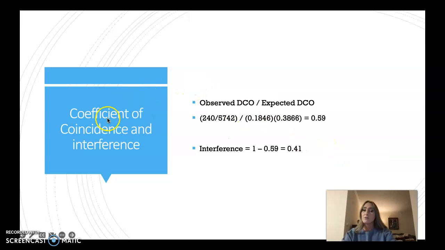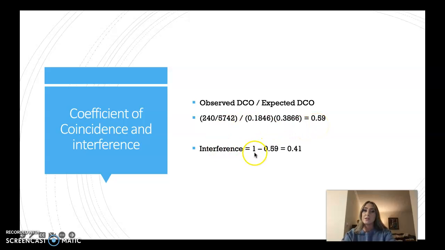For the coefficient of coincidence and the interference, we take our observed double crossovers over our expected double crossovers. So to get our observed double crossovers, we take the double crossover frequency that we had, so that 100 frequency plus 140, we divide that by the total offspring, and then we divide the number that we get from that by our map units that we got in our previous equations, and that gives us 0.59 for our coefficient of coincidence.